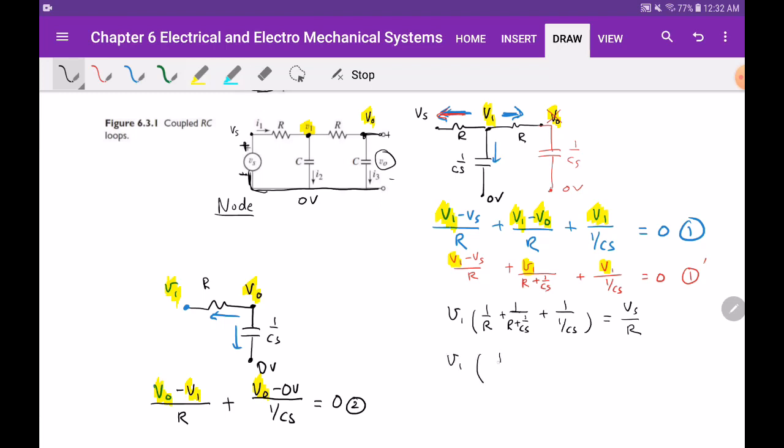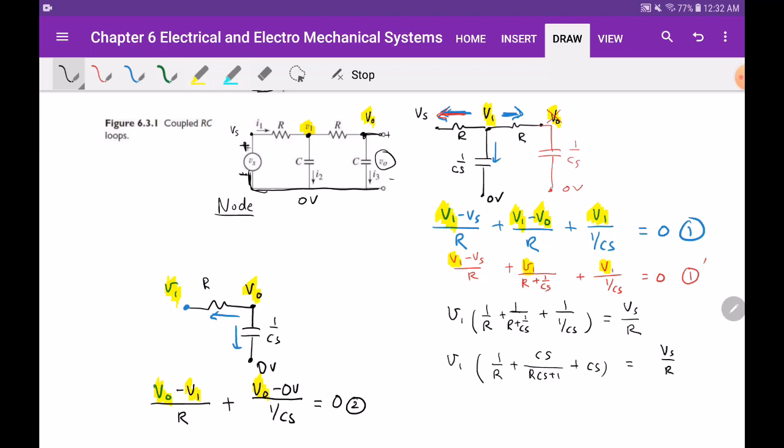This is 1 over R plus, can I multiply by CS? So I have 1 over (RCS plus 1), with a CS on top. Is that right? I multiply the top and bottom by CS. Yes. Plus, this is just CS, equals Vs over R.